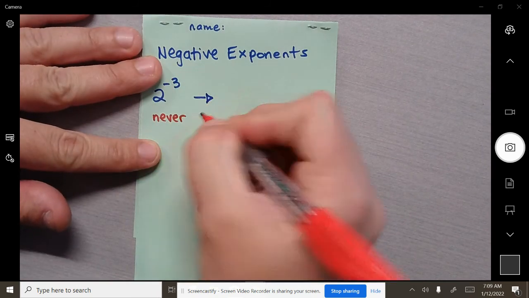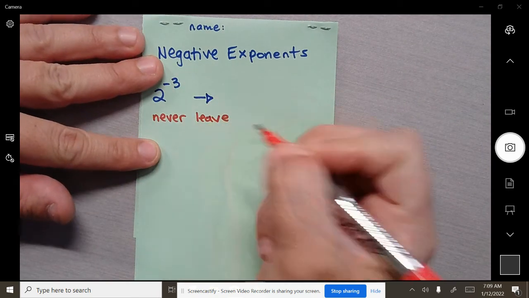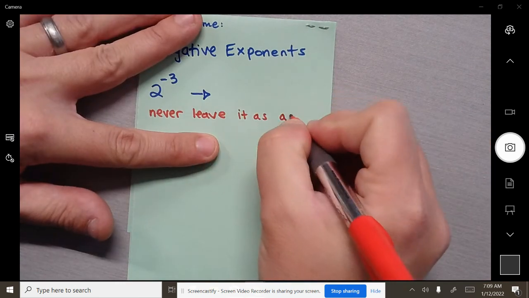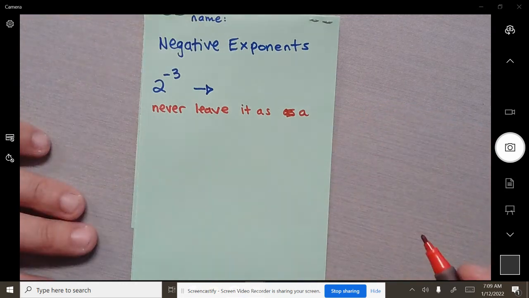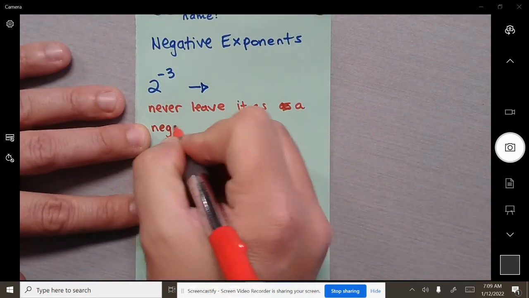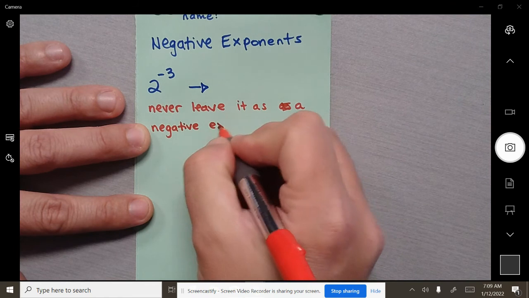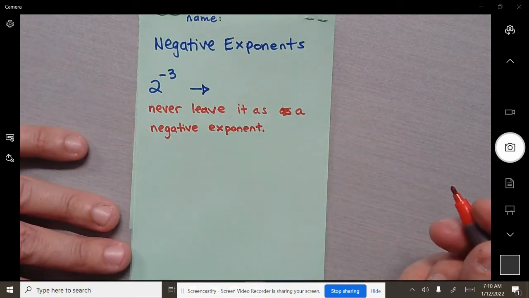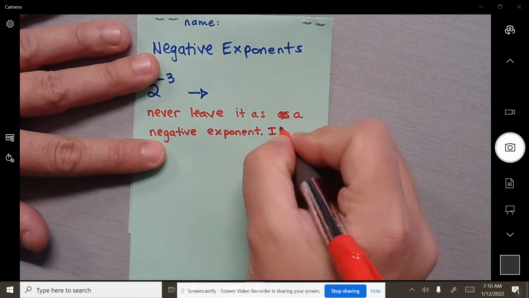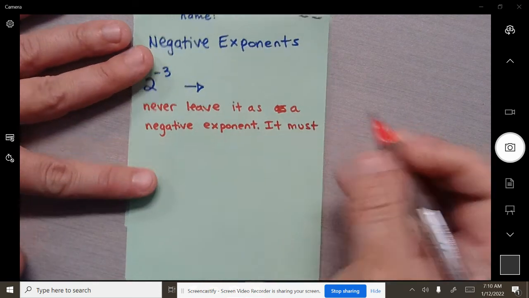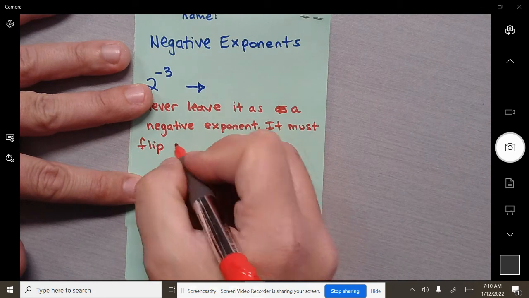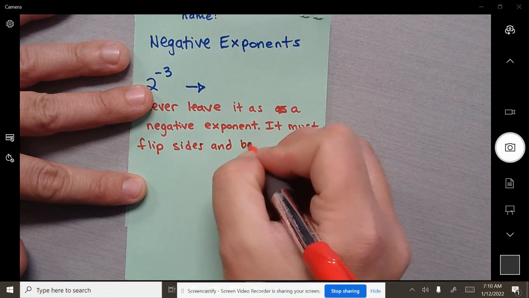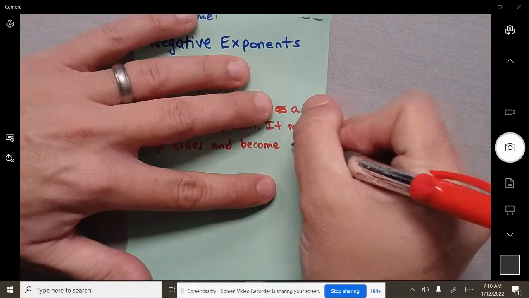Never leave it as a negative exponent. It must flip sides and become positive.